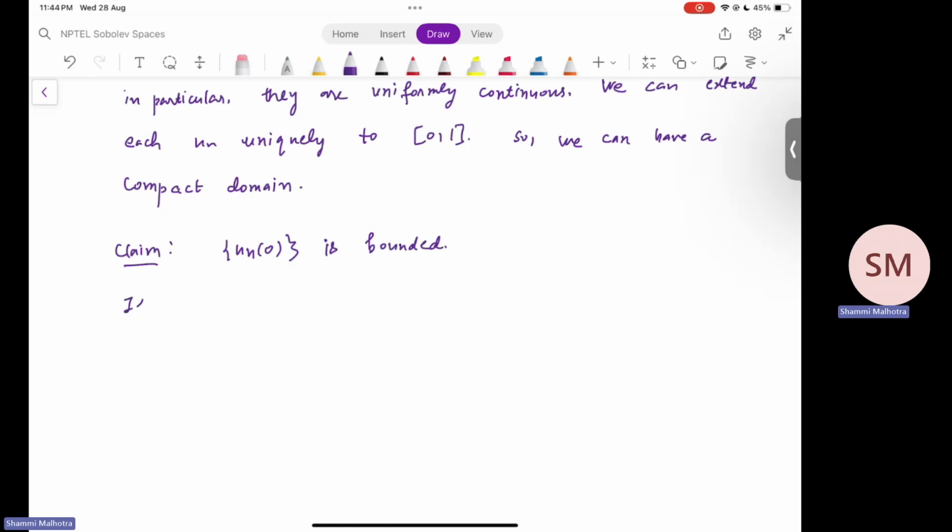If not, there exists a subsequence u_{n_k} of u_n which is not bounded.